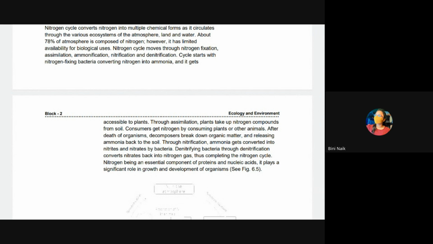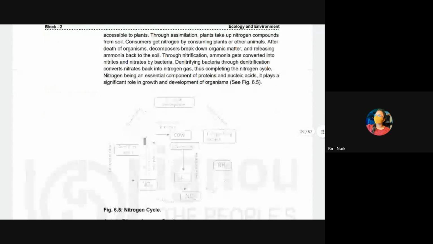Because all the leaves will have nitrogen within them. The denitrifying bacteria will release the nitrogen into the atmosphere again. So this cycle will go on again.